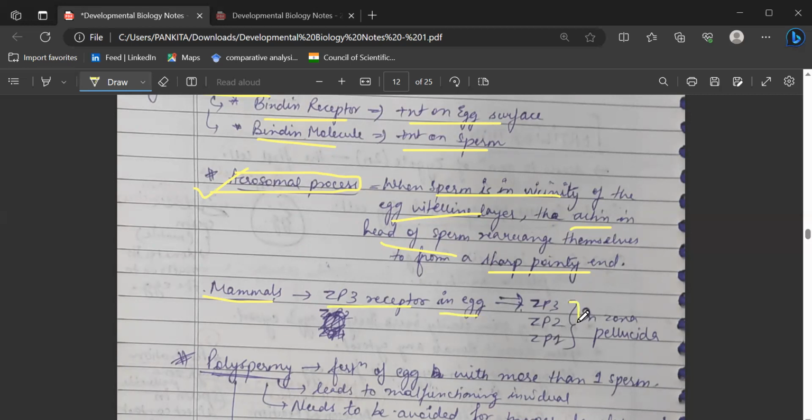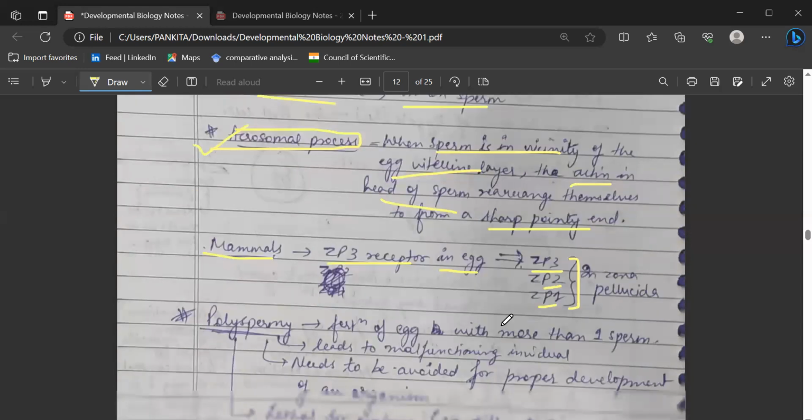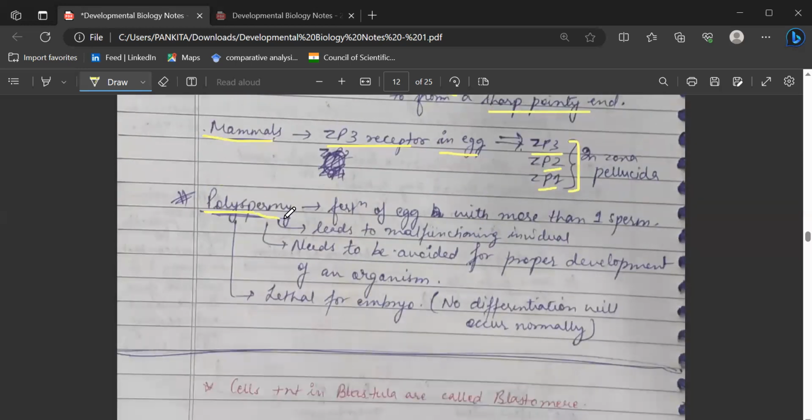Basically, on the zona pellucida in mammals, there are three receptors, ZP1, ZP2 and ZP3. Or you can also call them zona pellucida 1, zona pellucida 2 and zona pellucida 3. Then there's this phenomenon known as polyspermy, in which sometimes fertilization of the egg can occur with more than one sperm.